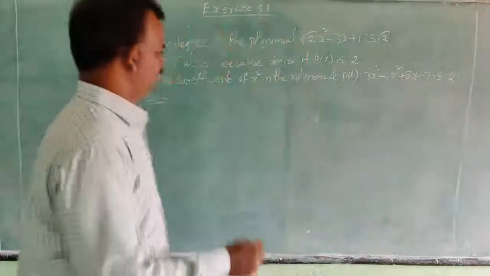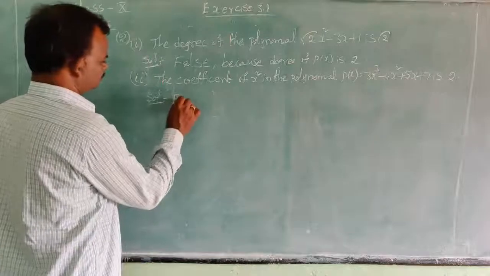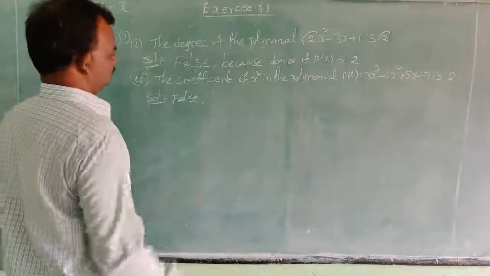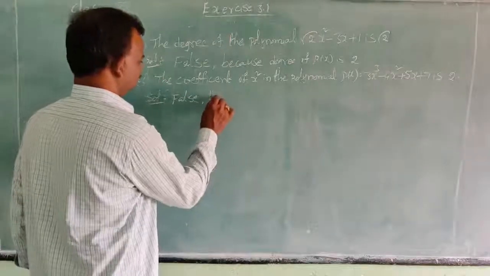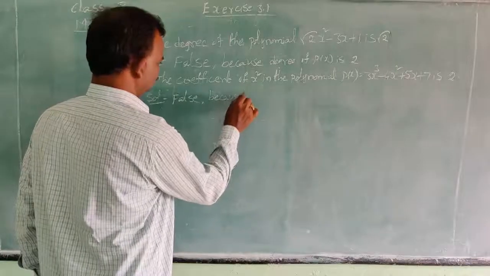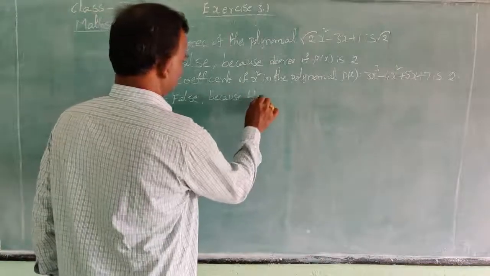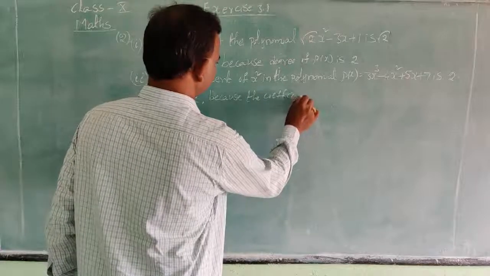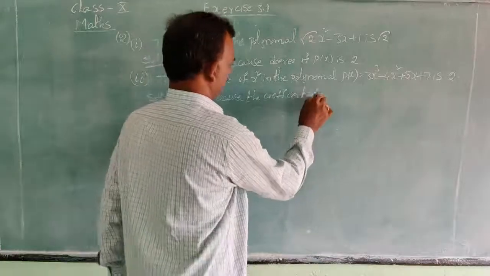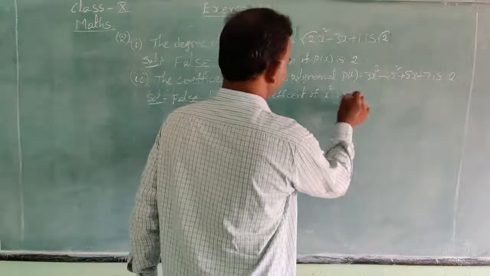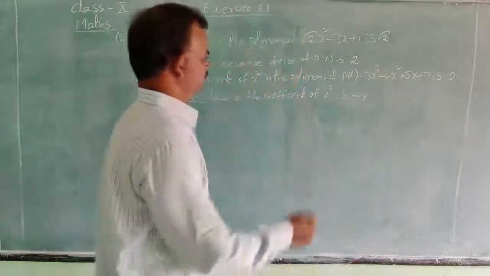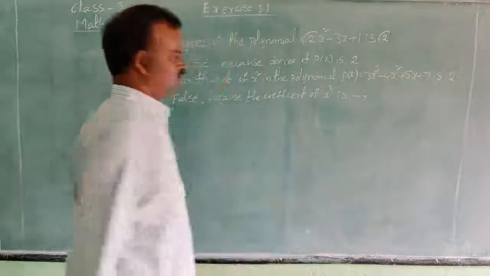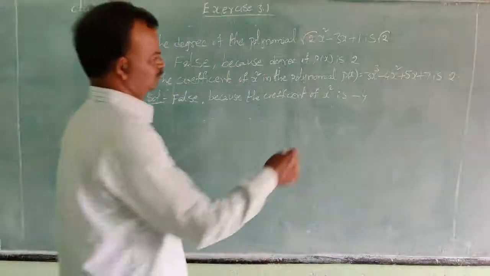So it is false, because the quotient of x square is minus 4.